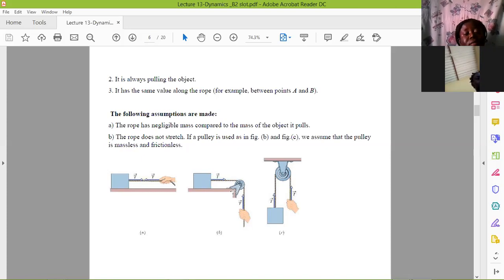And we always make an assumption that the rope does not stretch. If there's a pulley connected, like in diagrams B and C, we again assume there is no friction on the pulley and the pulley is massless. The mass of the pulley does not affect the force on the rope.